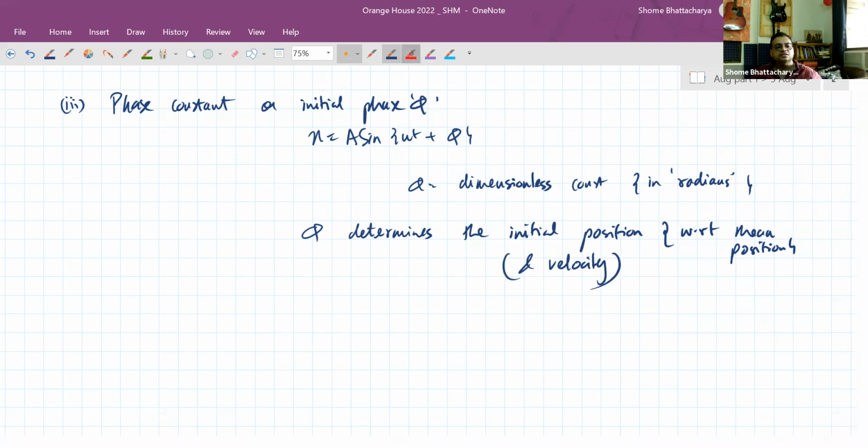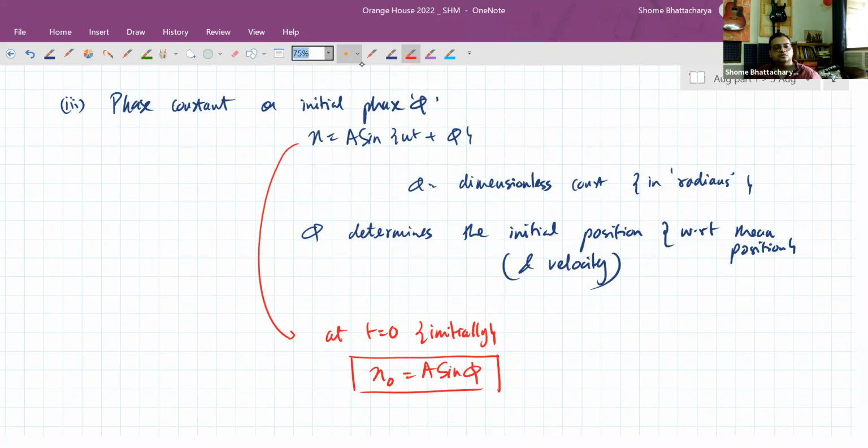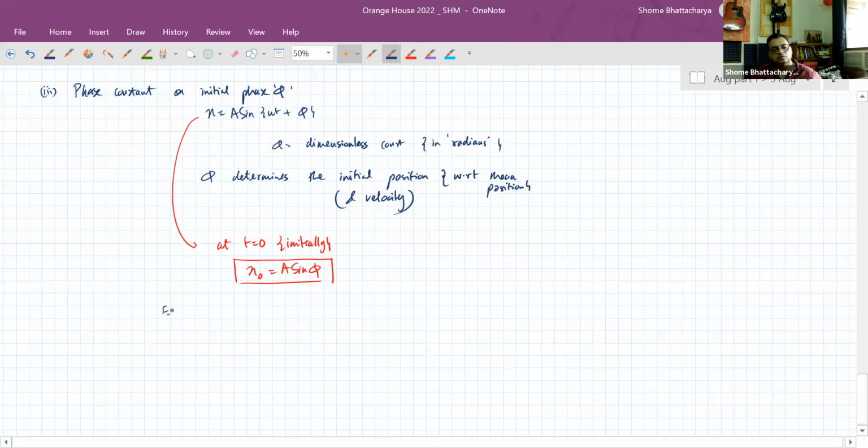If x is this, then at t equal to 0, that is initially, the value of x we'll write as x naught, and that is a sine phi. So that is the significance of phi. It determines where the motion is started from. For example, if phi is equal to 0, then x naught is 0.